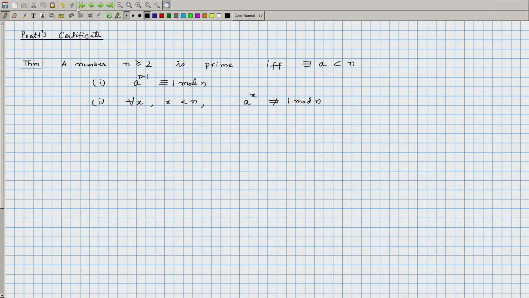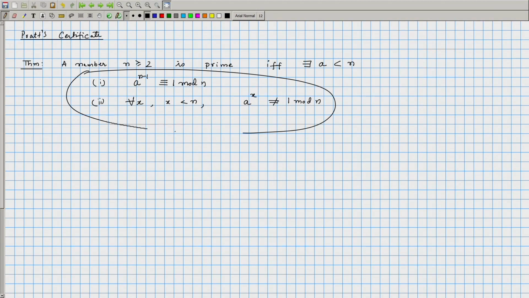Okay. So, how do we come up with a non-deterministic algorithm which certifies that this number is prime? This theorem asserts that there is surely an a for every prime number which satisfies these conditions.